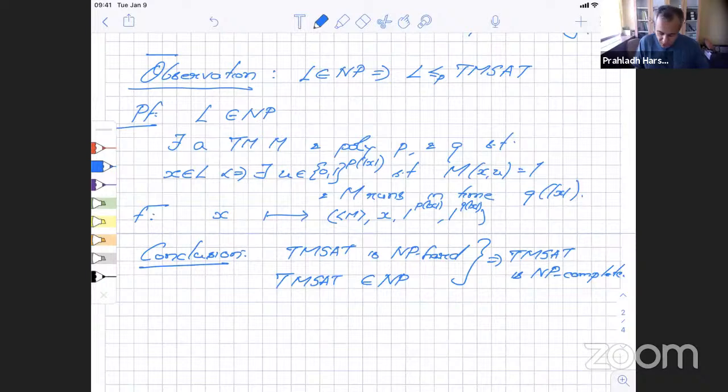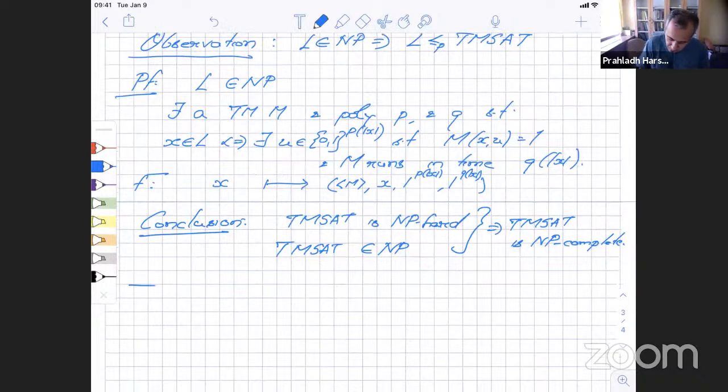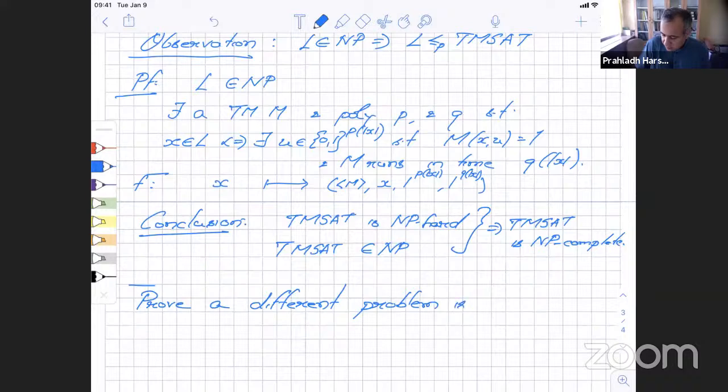We will prove in the rest of the lecture that a different problem is NP complete, and somehow that helps us capture NP in a much nicer sense. TM-SAT does capture NP. It's NP complete, so it does capture the definition of NP, but that's all it does. It's just a rewriting of the definition of NP.